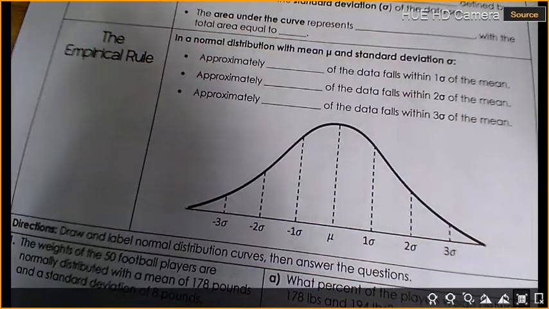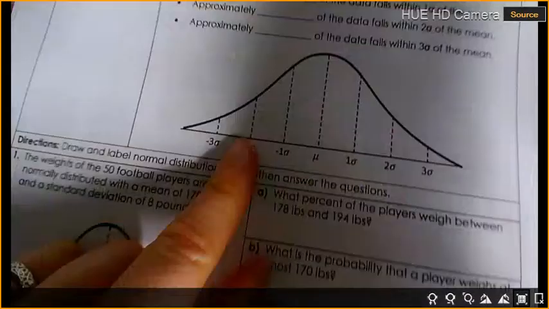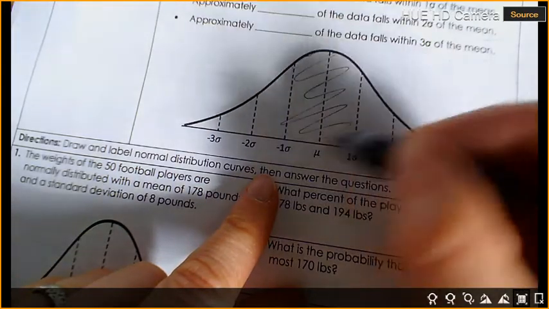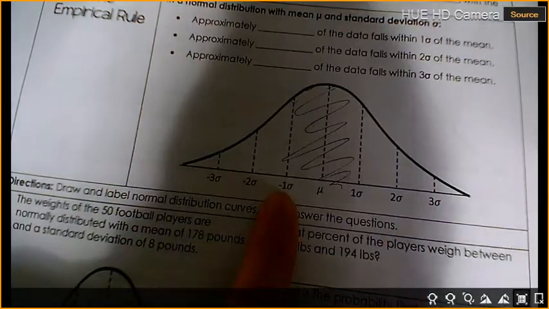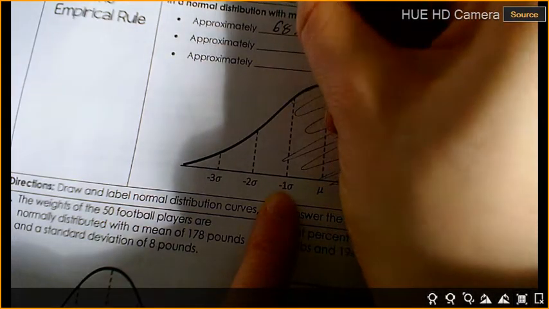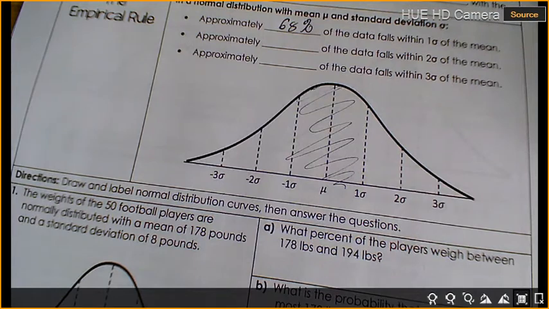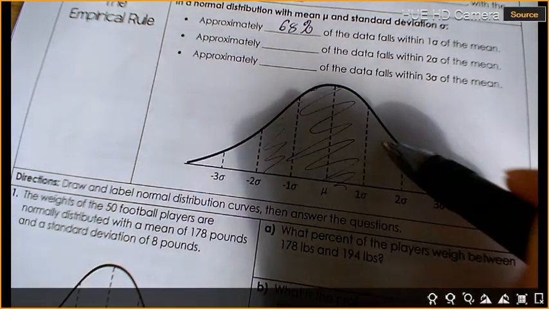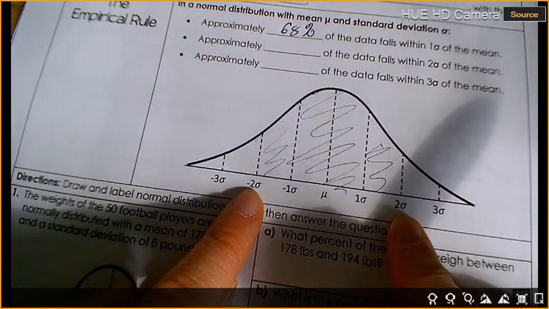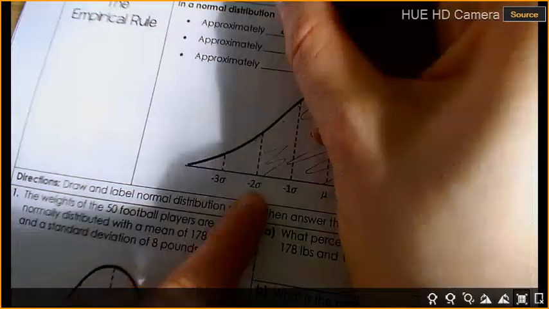Okay, approximately how much data falls between these two? Between 68%. The one that says data distribution, normal distribution, the empirical rule on the side. Okay. How much of it falls between all of these? 95.